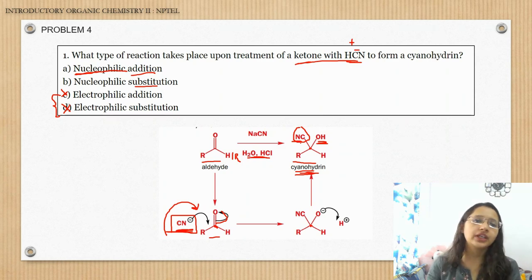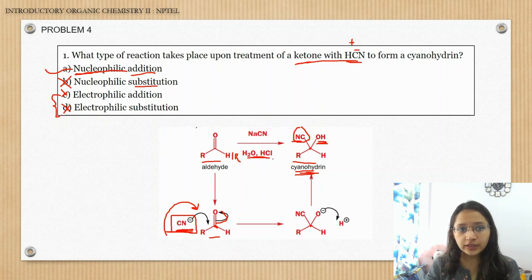Very good. So it is a nucleophilic addition because substitution is not going to happen in this case. Why is substitution not going to happen? Is it clear? Because for nucleophilic substitution to happen, CN minus, that is a nucleophile, has to replace something from the starting material.